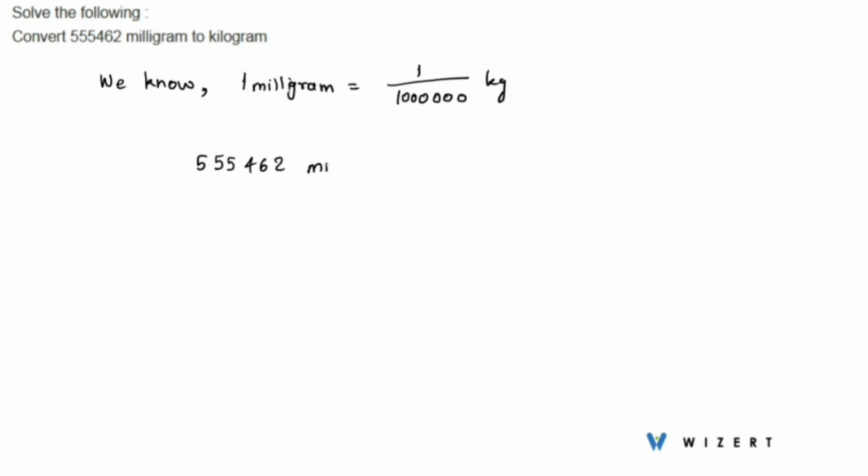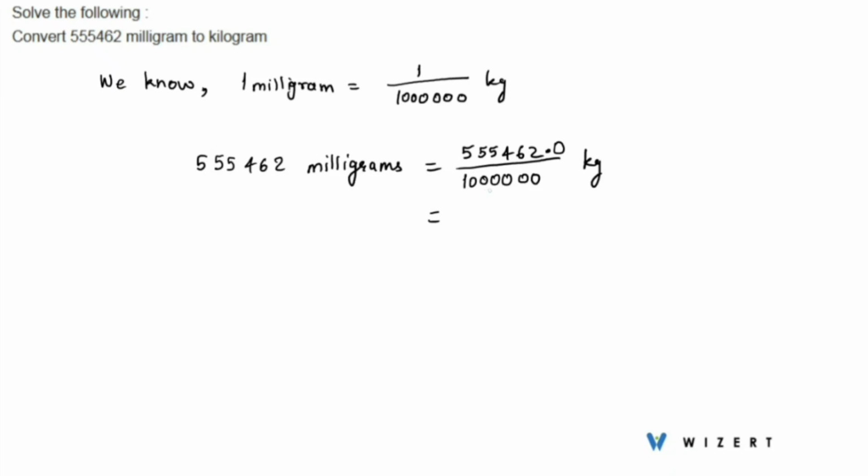We can say 5,55,462 milligrams will be converted to 5,55,462 divided by 10 lakh kilograms, which is going to be, now this is a power of 10, and when a power of 10 divides a number, we simply move the decimal point to the left by that many digits.